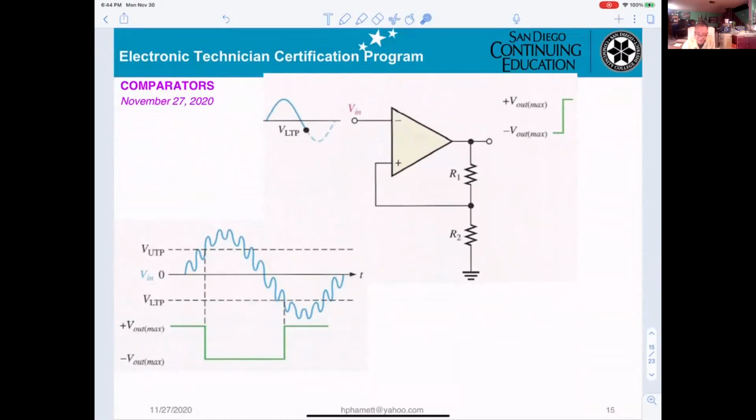Lower trigger point: you take minus maximum V out times R2 divided by R1 plus R2.